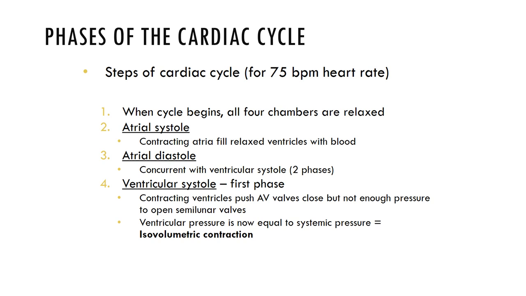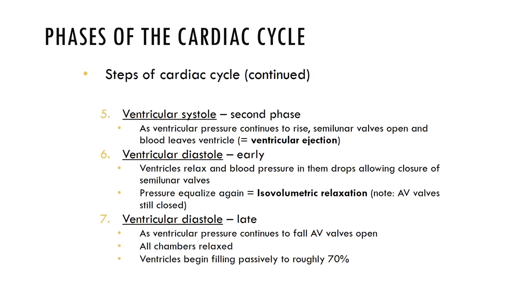Ventricular systole, the second phase, is where eventually the contraction of the ventricles generates enough pressure to exceed the pressure in the arteries so that the semilunar valves open and blood is ejected out of the ventricles and into the pulmonary trunk, the pulmonary circuit, and the aorta, the systemic circuit. This is known as the period of ventricular ejection.